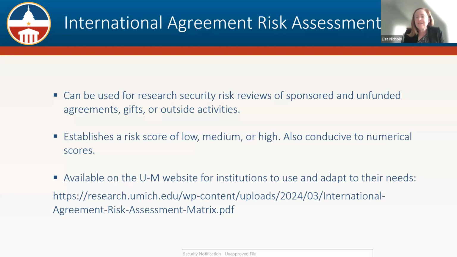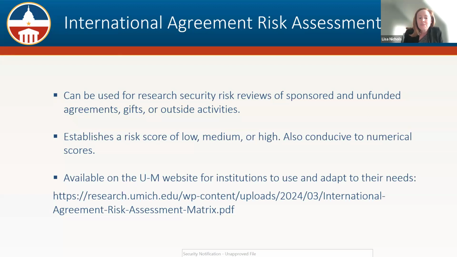So to better understand our portfolio of international research sponsored awards and unfunded agreements from the perspective of research security risk, we created the International Agreement Risk Assessment Matrix last summer and applied it to current awards and agreements from foreign countries of concern.